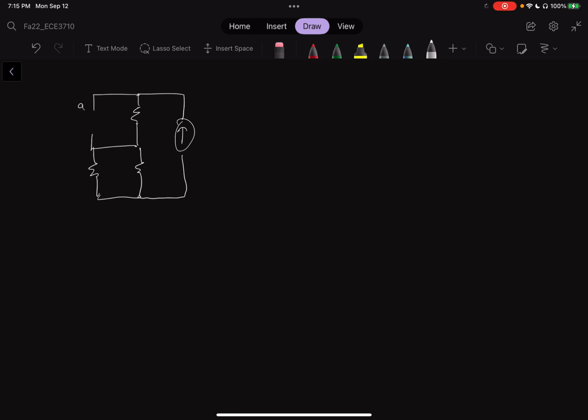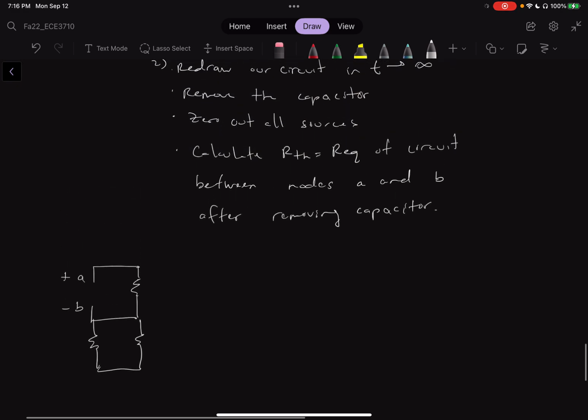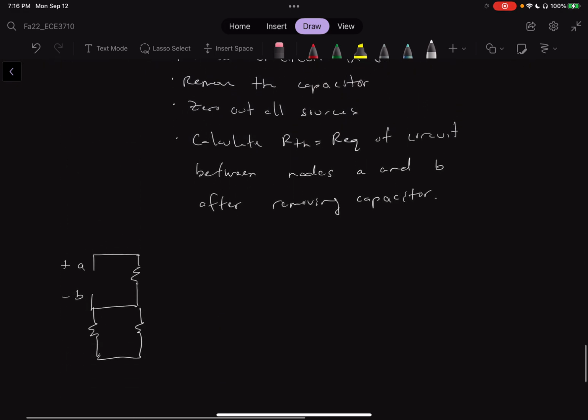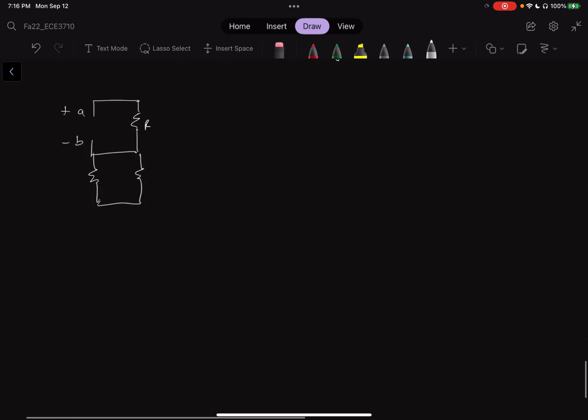Call this A, call this B, minus, plus. We zero out our current source, which means we're going to remove it completely because it becomes an open circuit. And this is what we are left with in step 2. So this is R1, this is R3, this is R2.